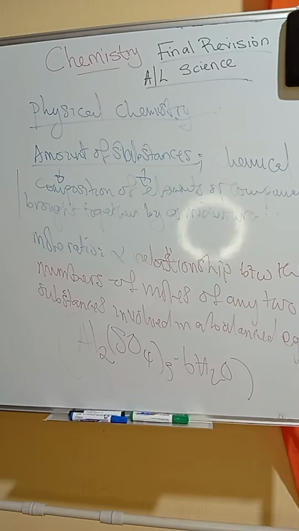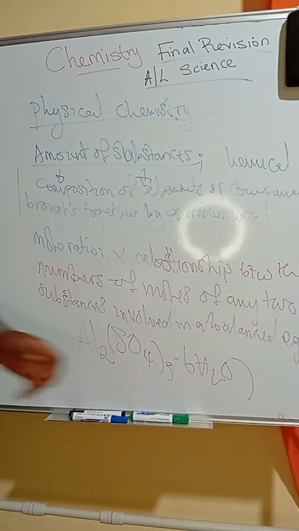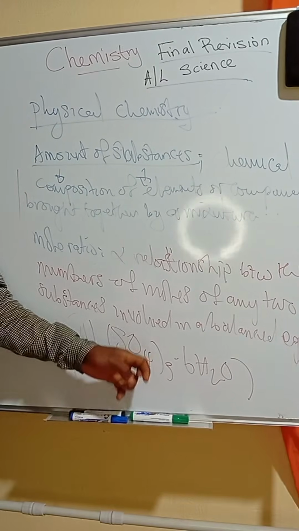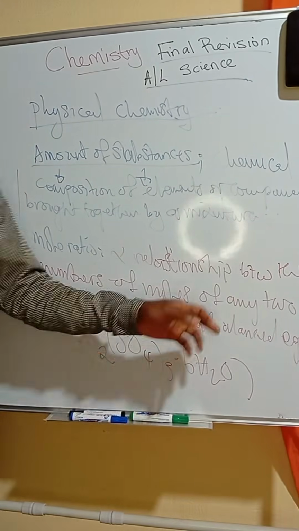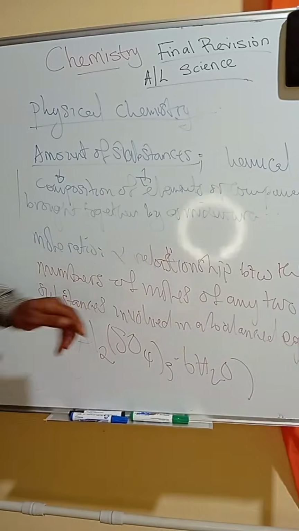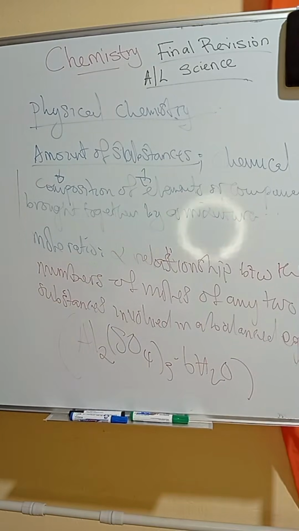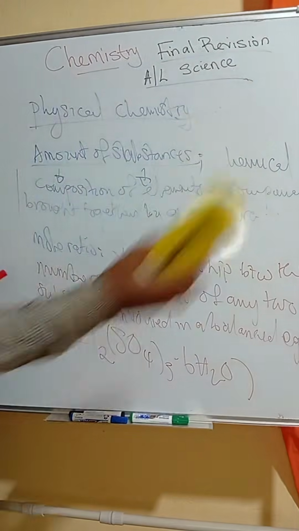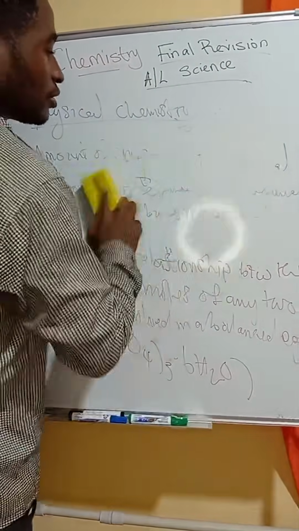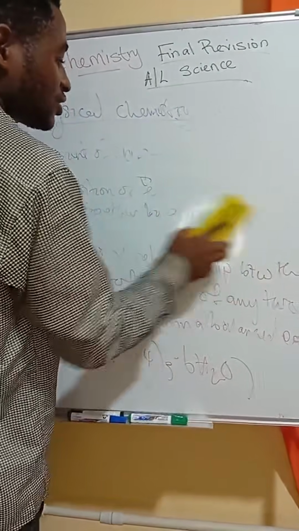Now they're asking us to calculate the number of moles when we dissolve 9 grams of hydrated aluminum sulfate into 250 cm cube of solution. Now I want to see how we can calculate that. So I'm going to first of all write down my data representation.